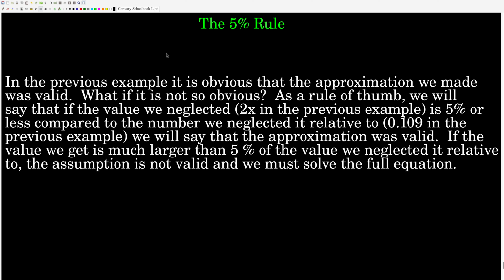However, if the value we get is much larger than 5% of the value we neglected it relative to, then we know that assumption wasn't good, and we're going to have to go back and solve the full equation. And that's all there is to that, guys.